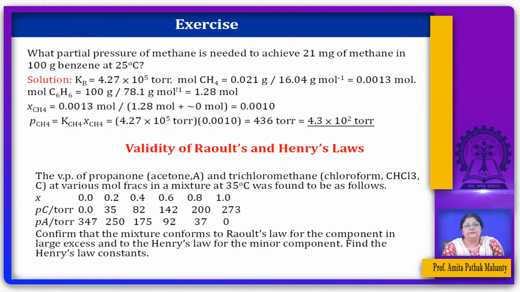The Henry constant is given; I've provided the Henry constant. Can you find out the partial pressure of methane here? I think these are very simple problems. Just stay straightforward. Finding out the mole fraction is the only problem.